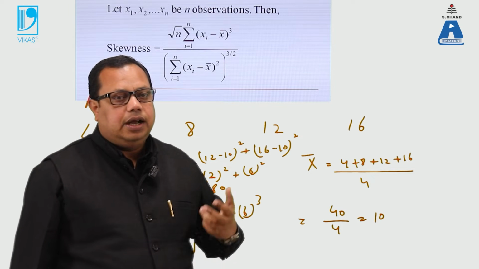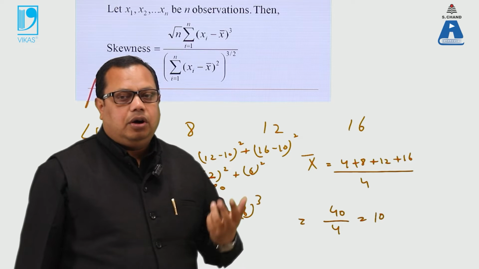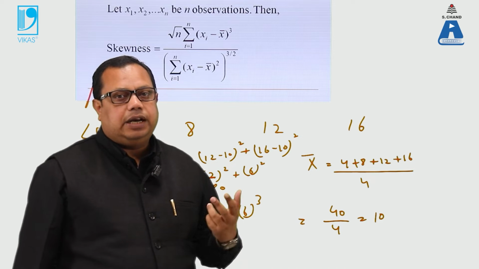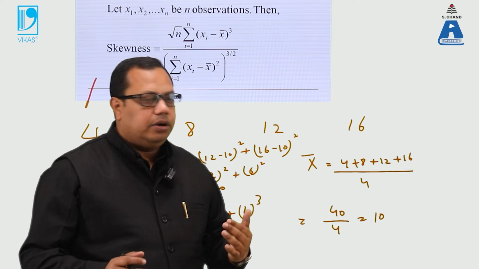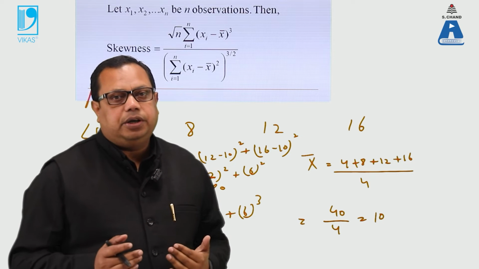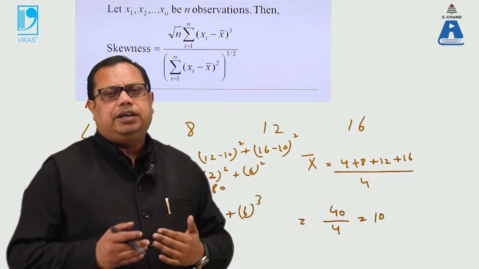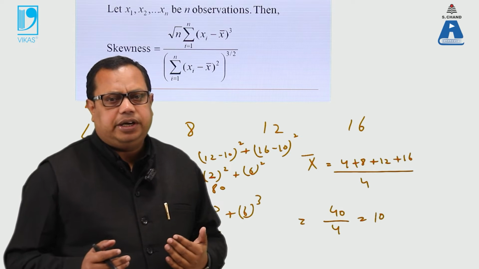The skewness is the calculation of the asymmetry of the particular data. So to calculate the asymmetry of the data, we again calculate the mean of the particular data.